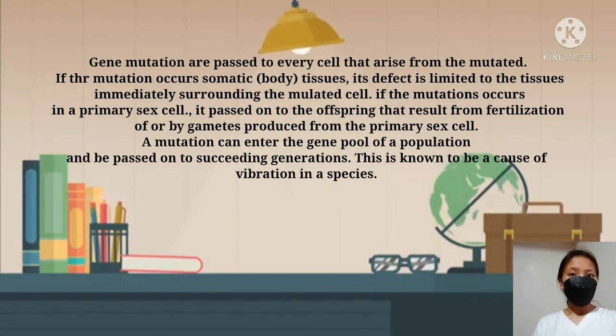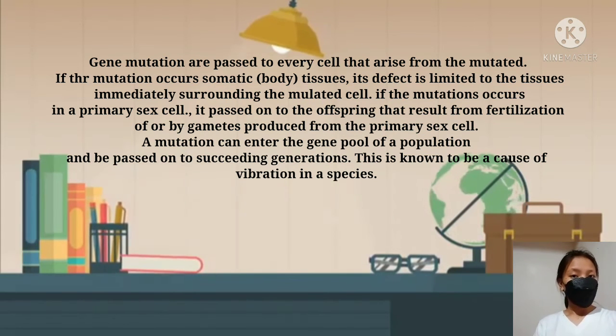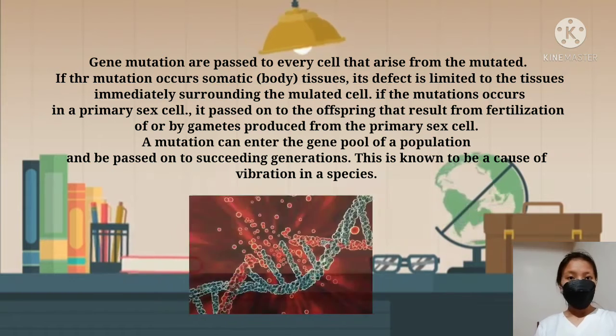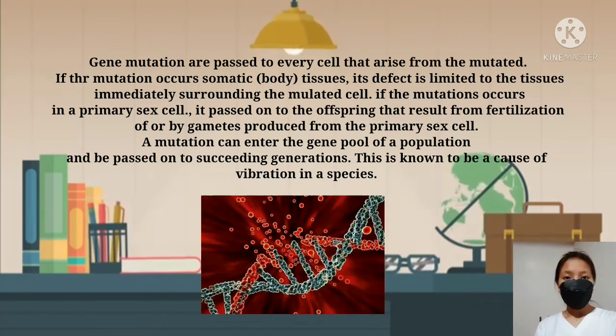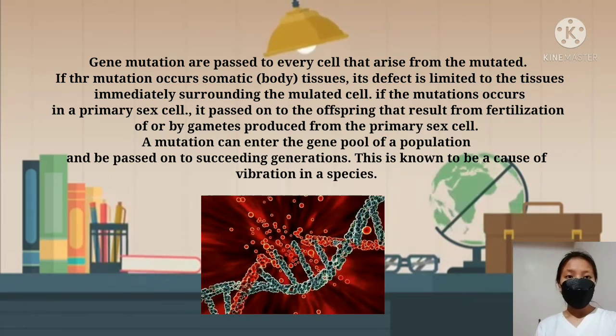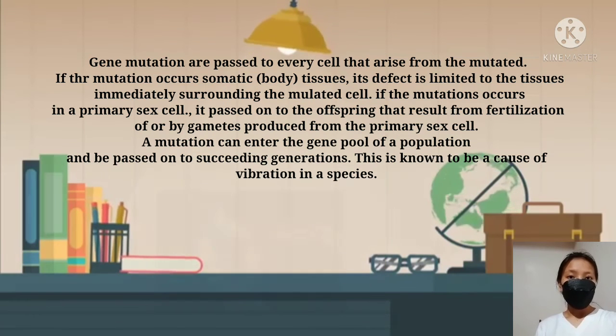So gene mutations are passed to every cell that arises from the mutated cell. If the mutation occurs in somatic tissue, the defect is limited to the tissues immediately surrounding the mutated cell.